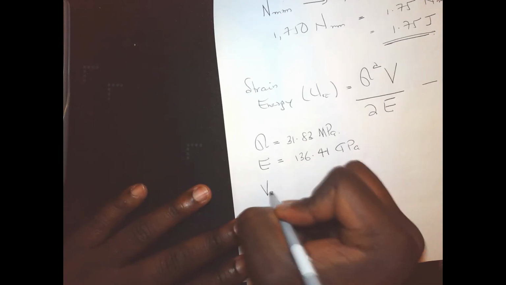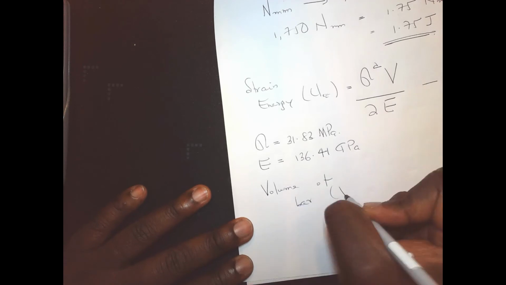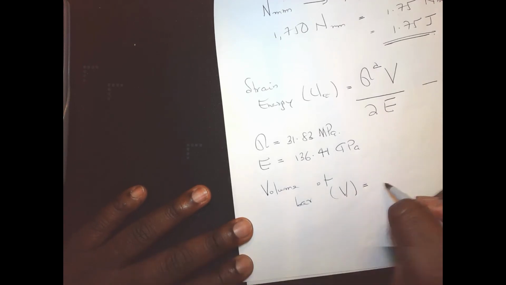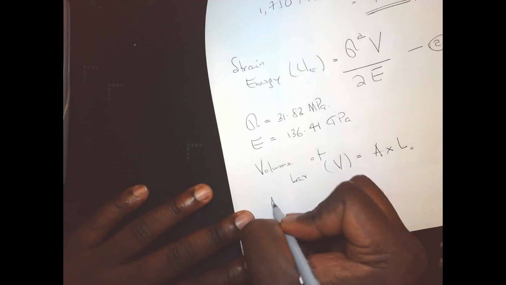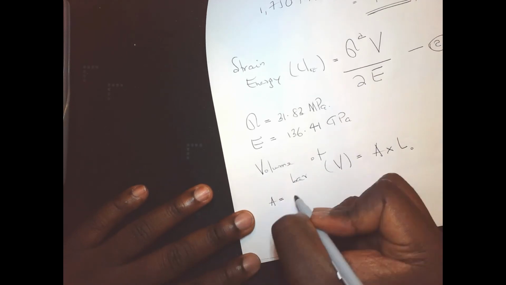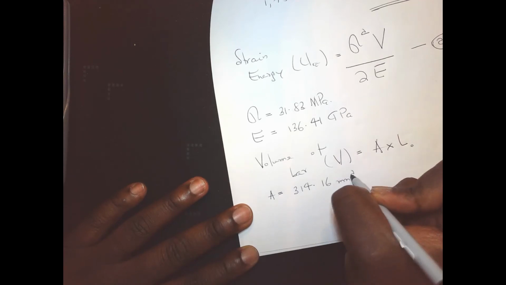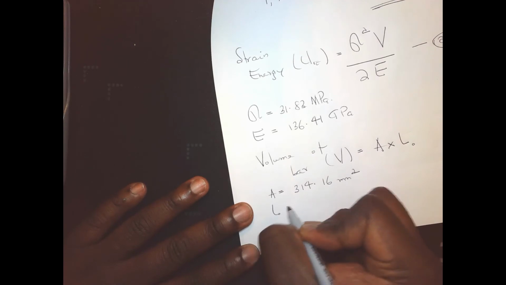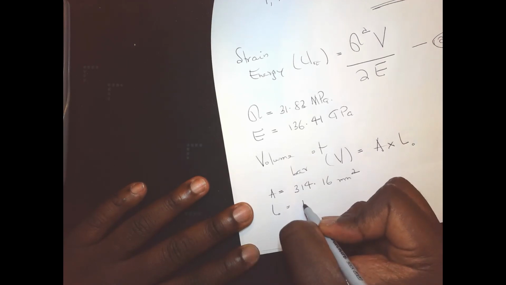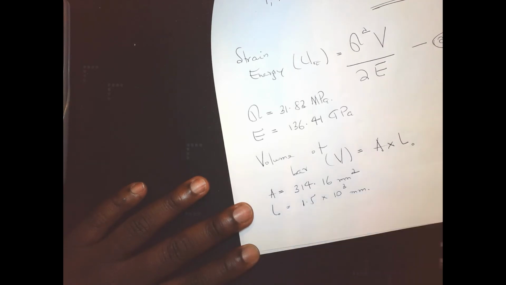So the volume of the bar, V, is equal to the cross-sectional area times its original length. We calculated A, and we got 314.16 millimeters squared. And the original length is equal to 1.5 times 10 to the power 3 millimeters.